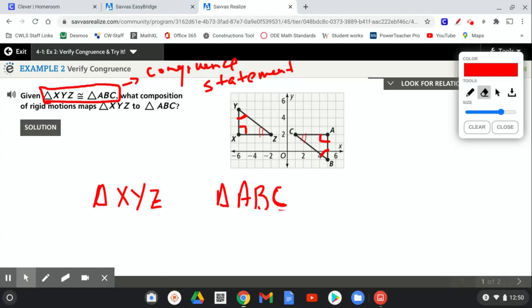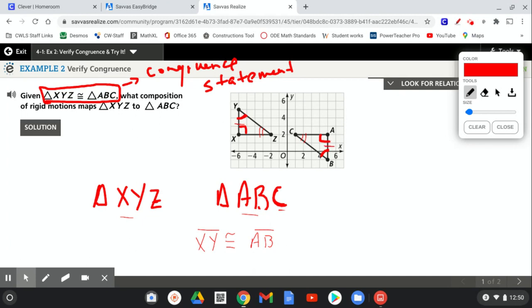You might be able to look in the picture, but you can also match them up from the congruence statement. XY is the first two letters, AB is the first two letters. So I know that side XY is going to be congruent to side AB, okay? So XY, if I find it right there, is congruent to AB right there.